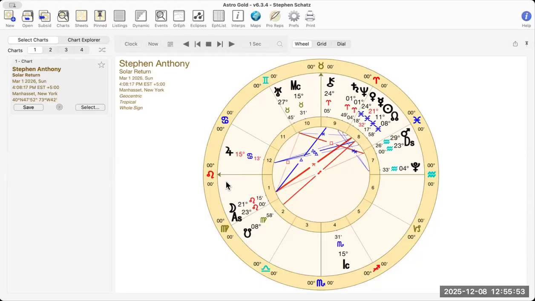Leo rising, ruled by the sun. And actually, since the sun is in the eighth house, my sun is in aversion to my natal first house, which isn't bad. That's not terrible. We have the moon here, though, in the first house.